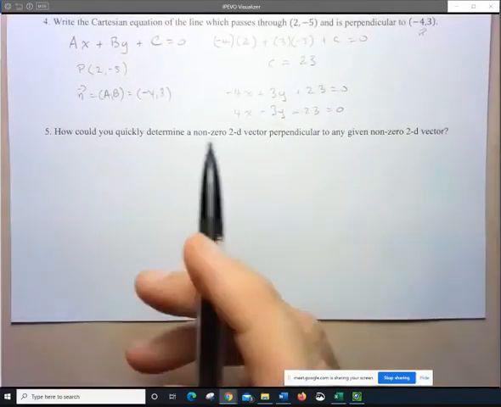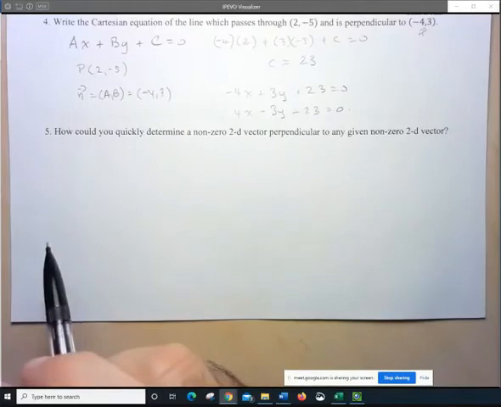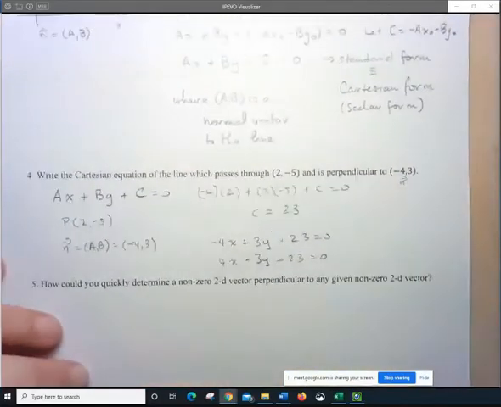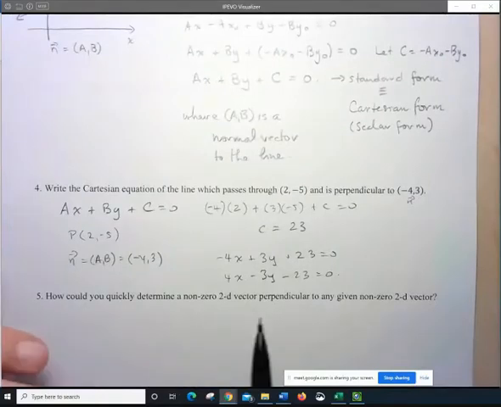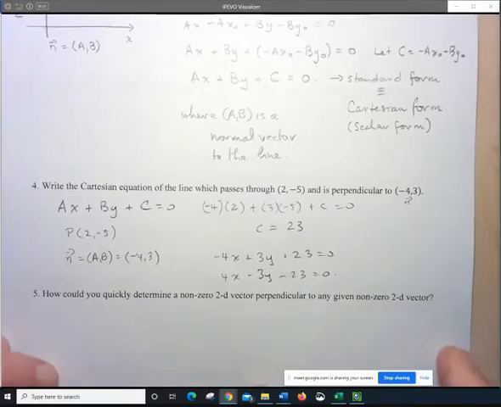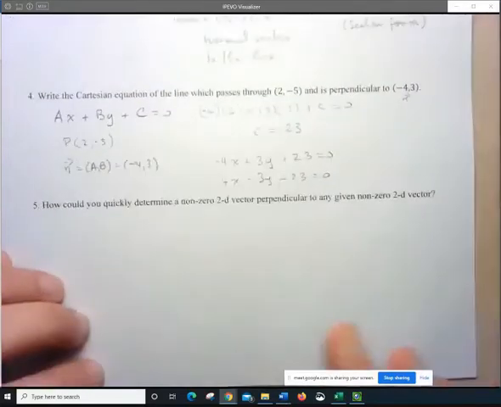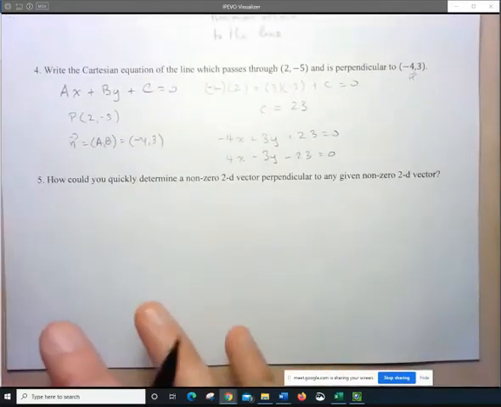So this is something I want you to think about, because one of the things you're going to see in questions is going, like we did before, from say parametric form to vector form or symmetric form. Sometimes we want to go between Cartesian form and vector form.